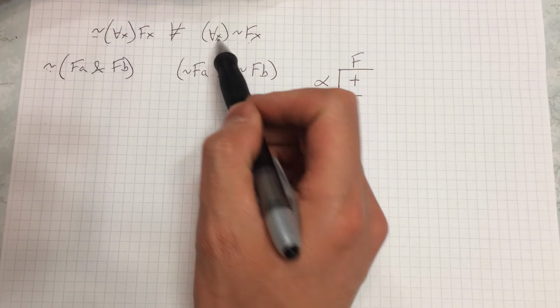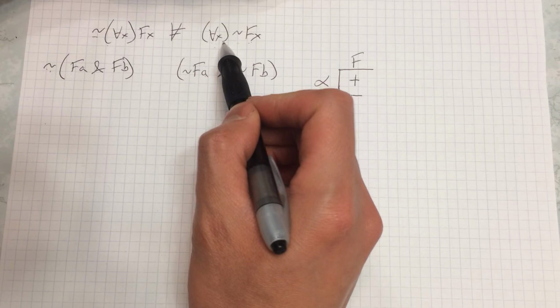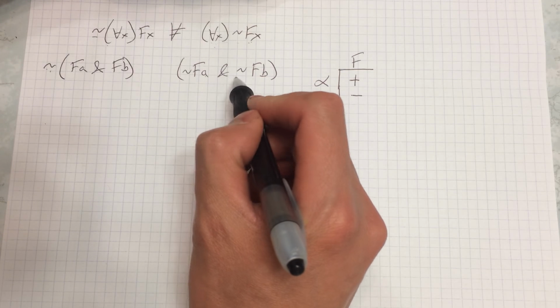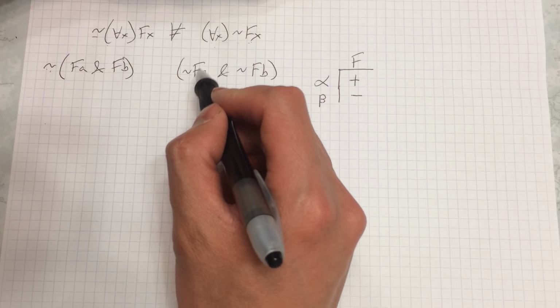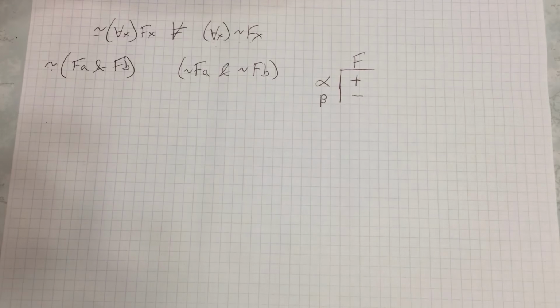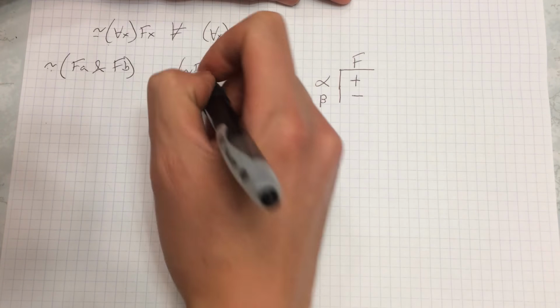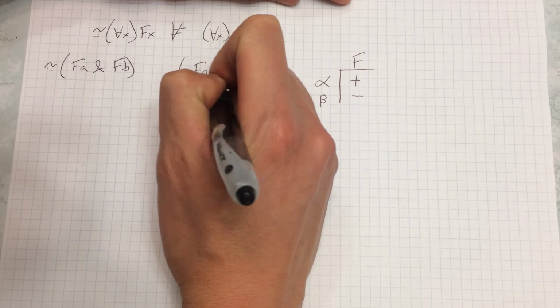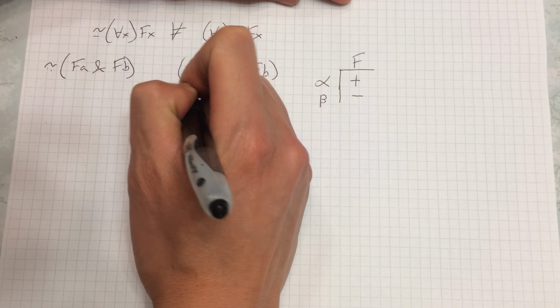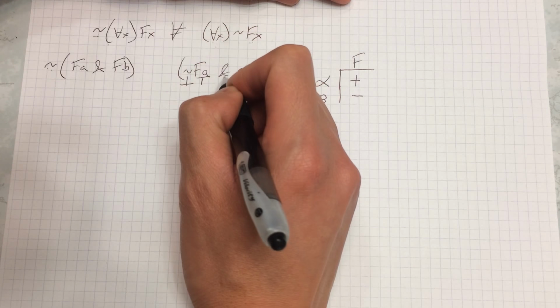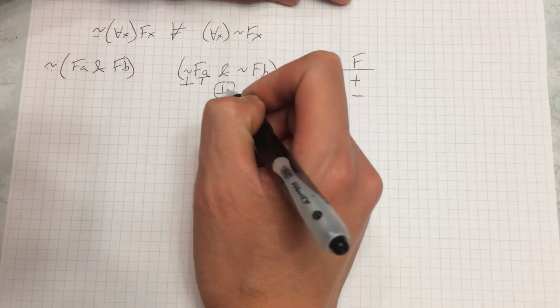And here, likewise, since we understand the universal as a string of conjunctions of its substitution instances, then we understand it like this. And so here, alpha is f, right? And so it should be true for alpha, but the negation makes it false, which makes this conjunction false.